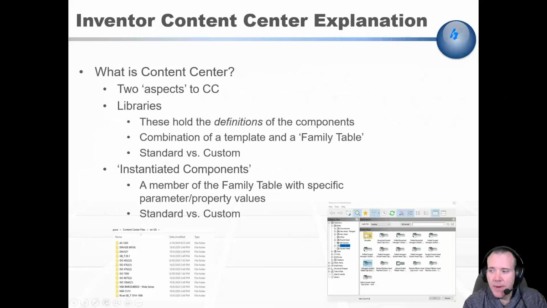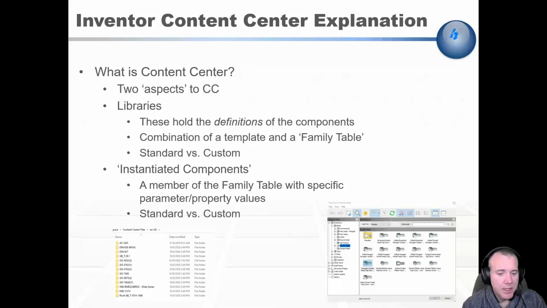So let's start by talking about the Content Center and what it is. There are really sort of 2 halves to the Content Center in my mind. The first is the collection of libraries. The Content Center libraries are what hold the definitions of the various Content Center components.